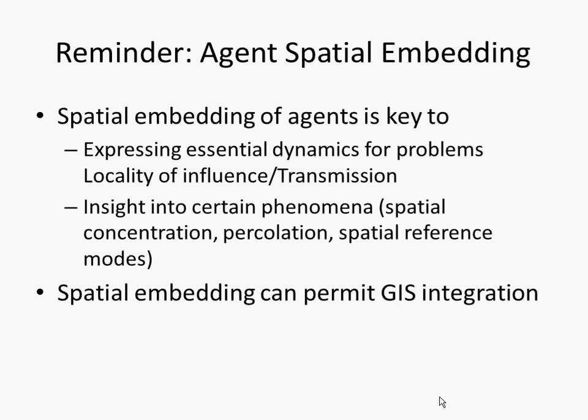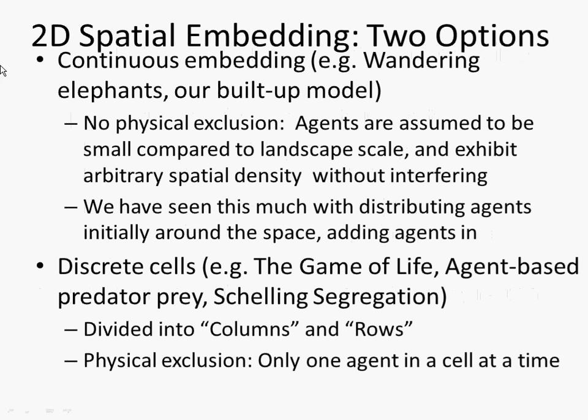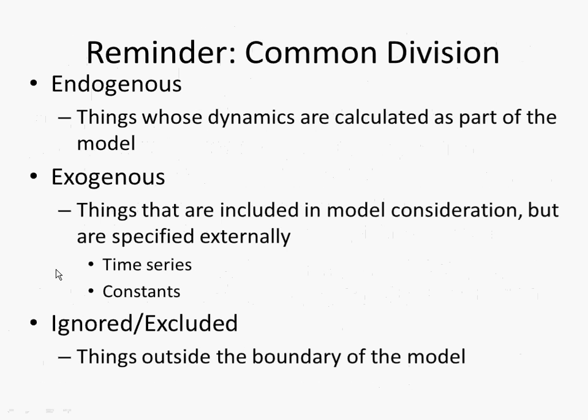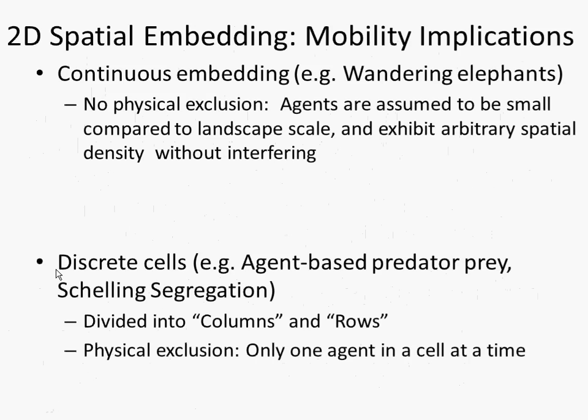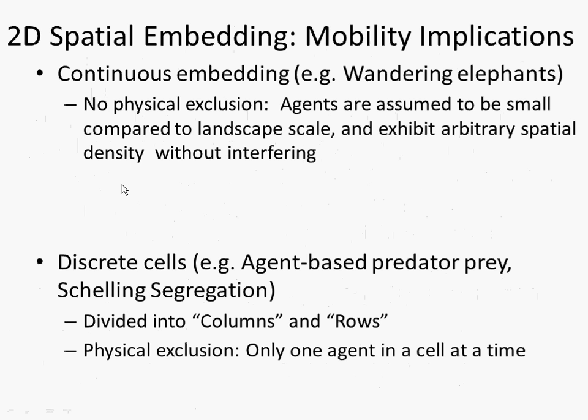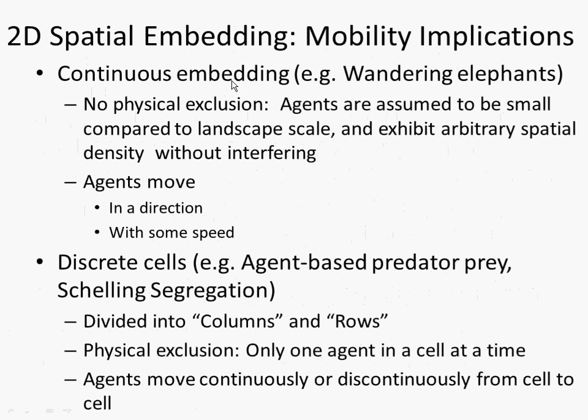So we talked just now about spatial embedding, and I noted the two types of embedding here. We're going to be talking about mobility now, mobility within these spaces, so people's movement. And there are two types of mobility supported by AnyLogic matching up with each of these types of embedding. So for continuous mobility, people move in a certain direction.